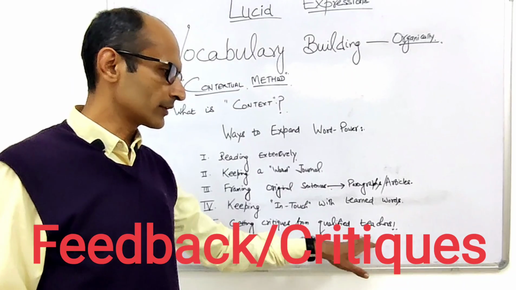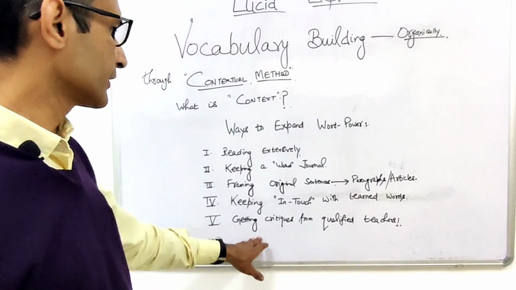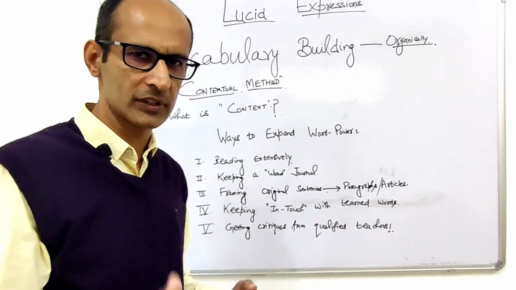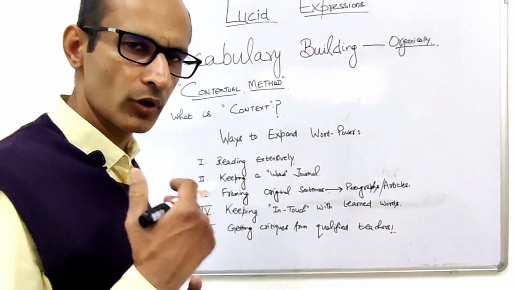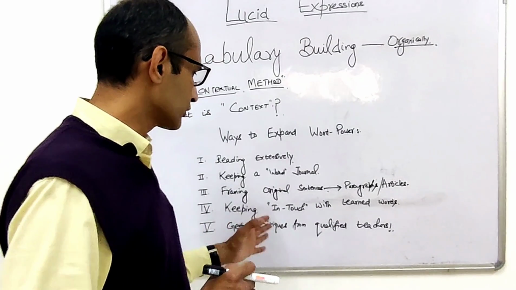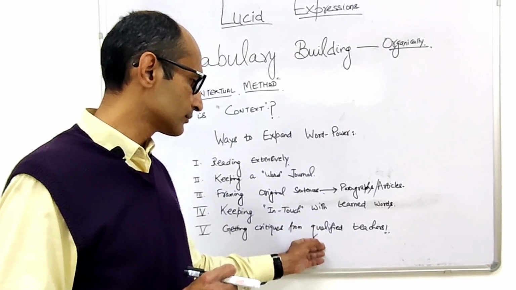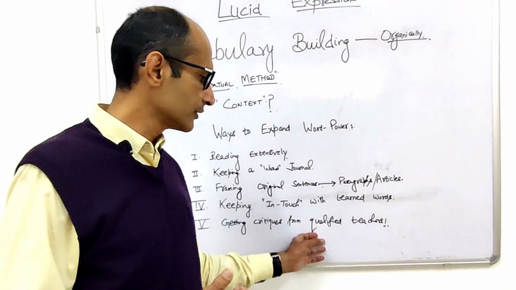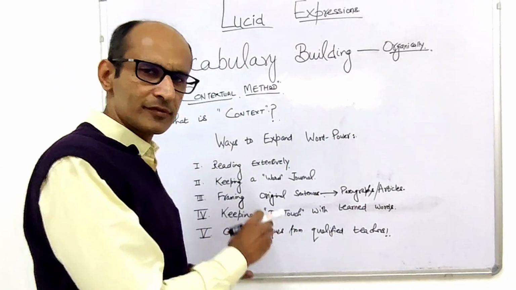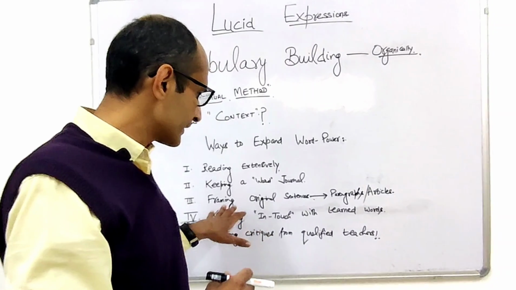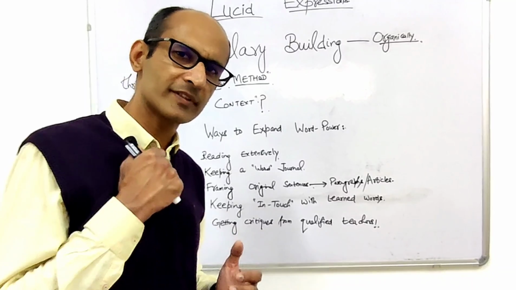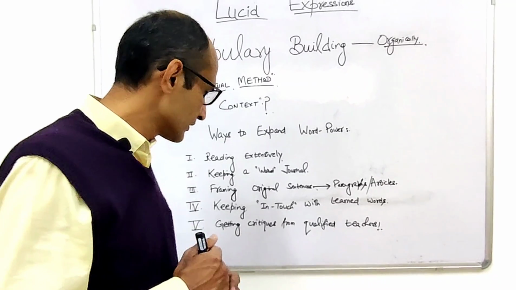Five, getting critiques from qualified teachers. This is particularly true when you frame original sentences, paragraphs, articles, stories, novels, whatever you wish to do, or content writing, which is a huge field these days. So, show what you have created to some qualified teachers, because although we are talking about just vocabulary today, herein lies the key to learning correct grammar, correct usage of tenses, punctuation.